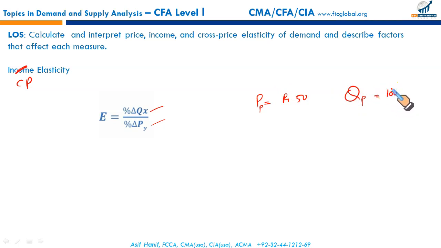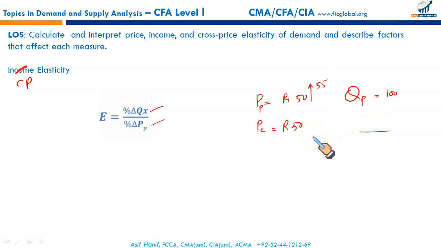At the same time, we also have Coke, and it is priced at almost the same level, rupees 50. I don't buy it currently. Now what happens if the price of Pepsi goes up from 50 to 55? I will shift my spending from Pepsi to Coke. I'll start purchasing Coke, right?